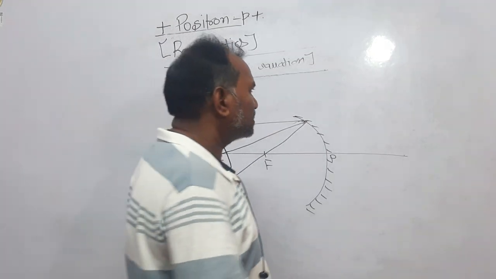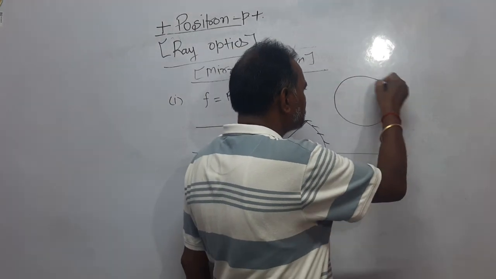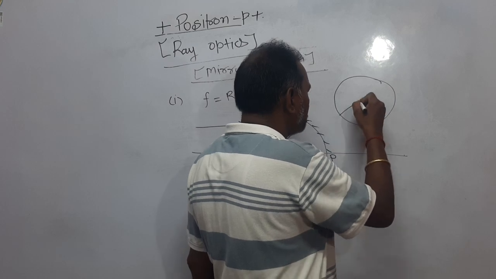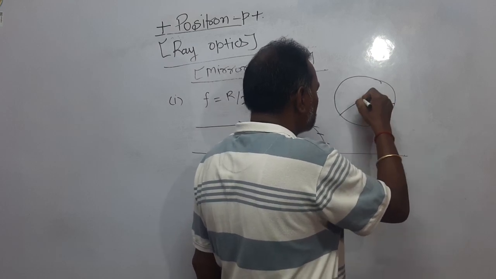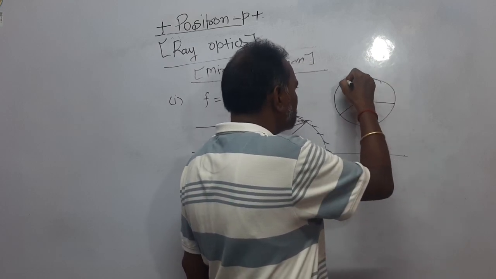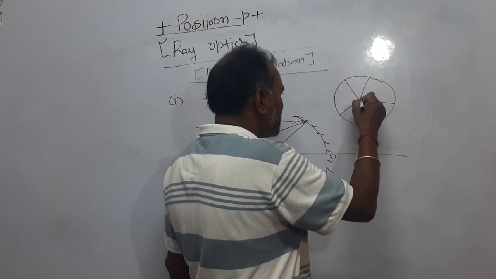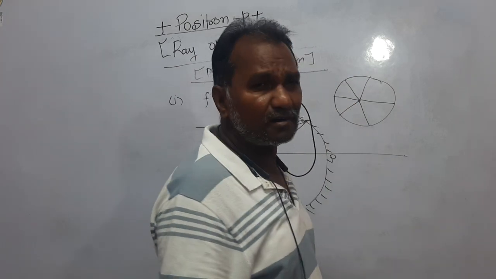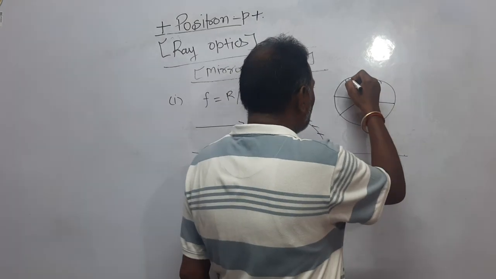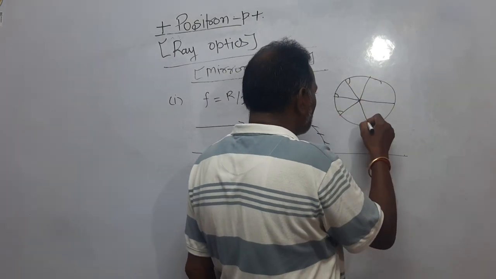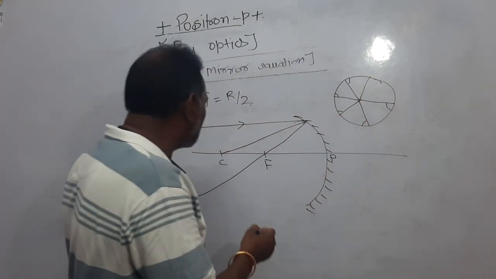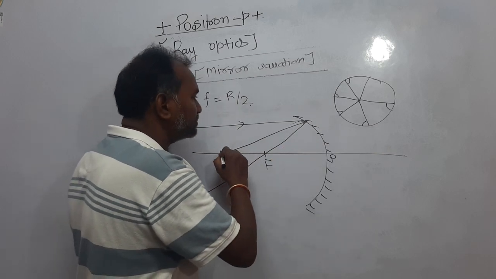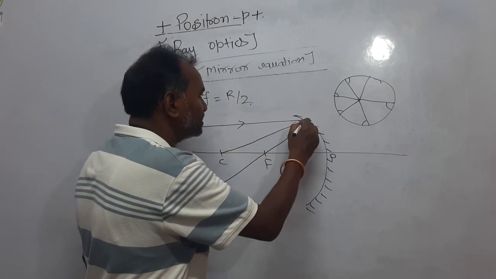How is it? This is a sphere. This is your center. Draw a line from the center to the circumference, to the surface of the sphere. Any line joining the surface of the sphere and the center of the sphere is normal to the sphere. All these are normals. So this is the center of this whole sphere, and a line has been drawn from the center to the sphere.